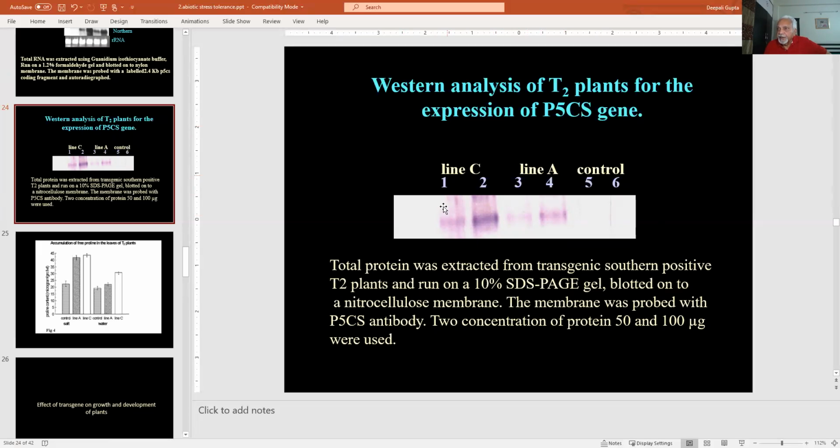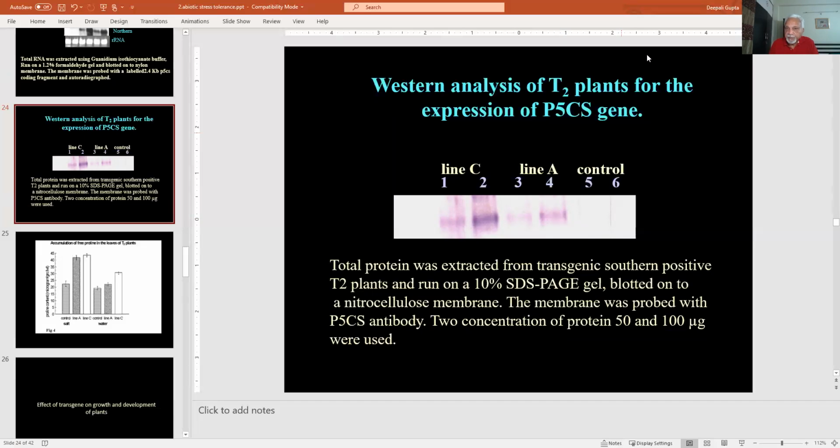And in line A and B, you can see clear hybridization with the protein made by the transgene. So what we have shown here is that the transgene has gone in, got integrated, and is expressing, making mRNAs, and then it is making protein.